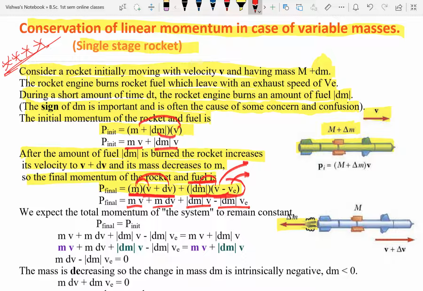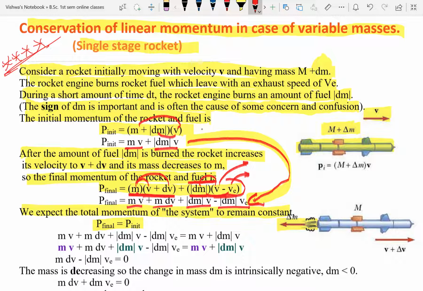We expect the total momentum of the system to remain constant. So the condition is that before is equal to after; the final momentum equals the initial momentum. So these two equations we have to equate, P initial and P final.